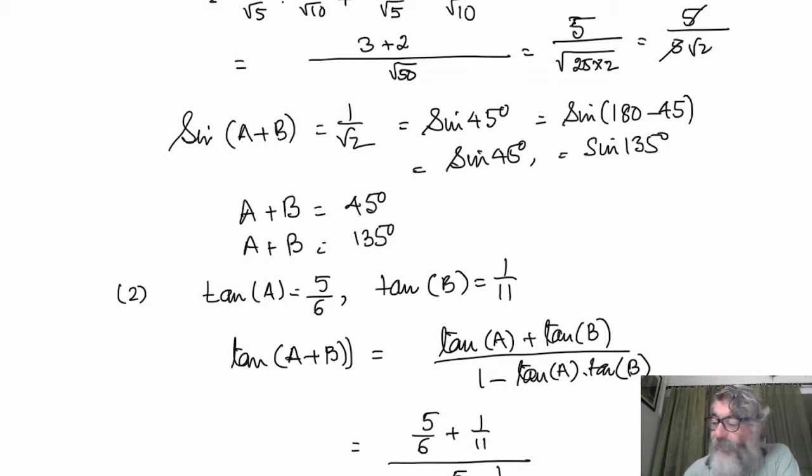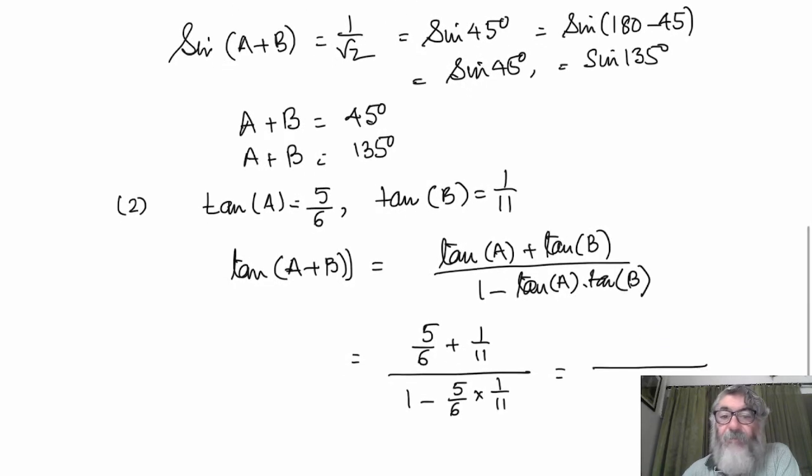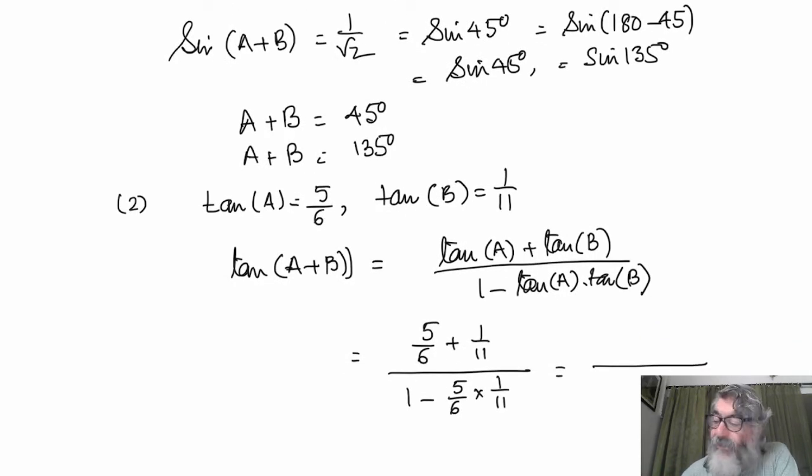The LCM in whether numerator or denominator will be 66 only. So 66 will cancel from numerator as well as denominator. But here it will come 11 5s are 55 plus 6, and here it will come 66 minus 5. Both the denominators will cancel with each other.